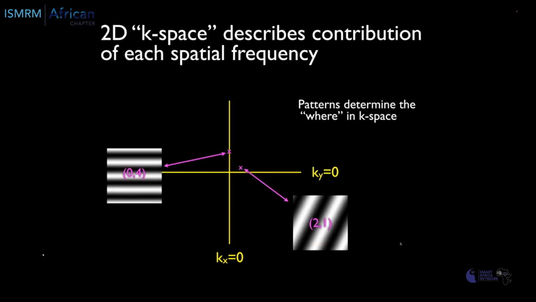And so those k values that we were just talking about denote a particular location in k-space. So each of those locations in k-space corresponds to one of these spatial frequencies.